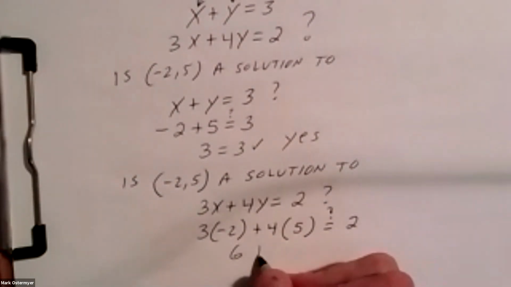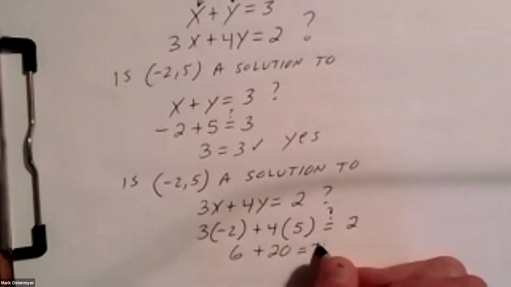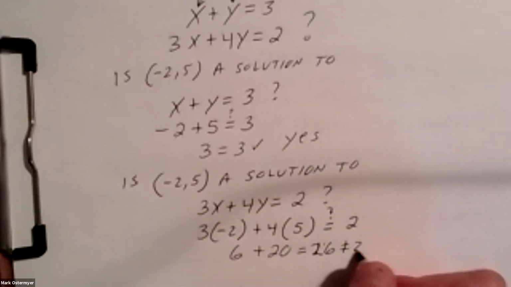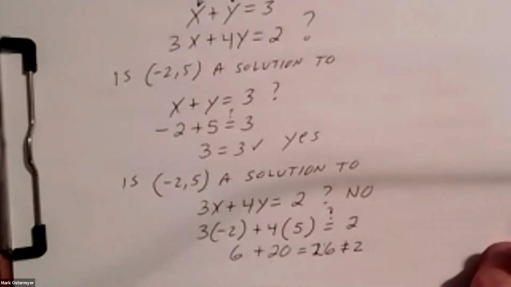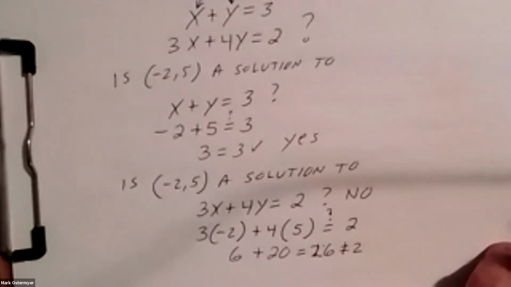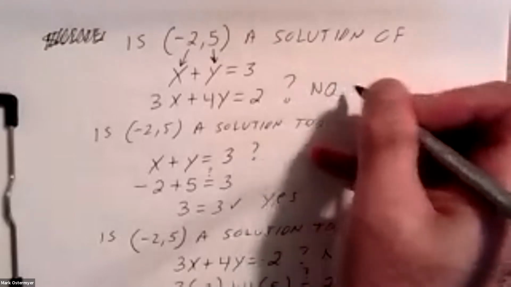This is -6 plus 20, which is equal to 14, and that's not equal to 2. So the answer is no. So since (-2, 5) is not a solution to the second equation, it is not a solution to the entire system of two equations and two unknowns.